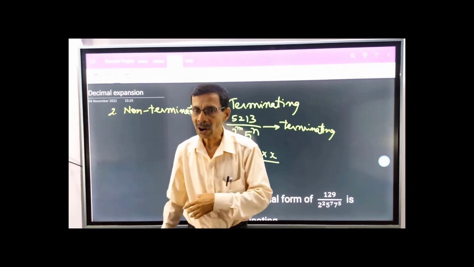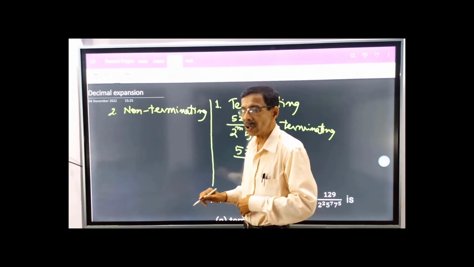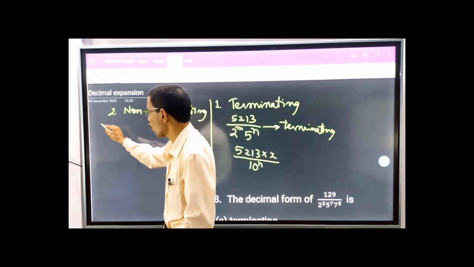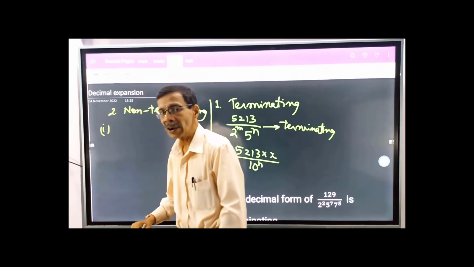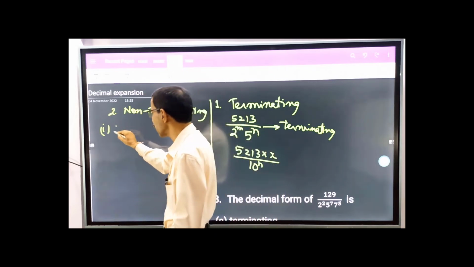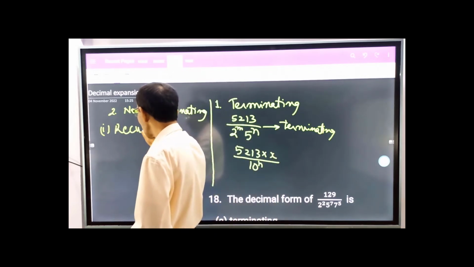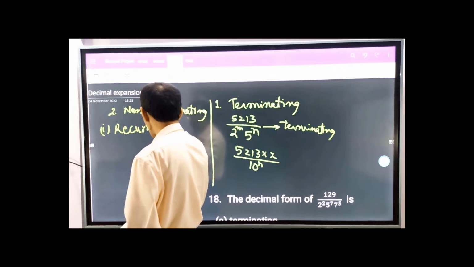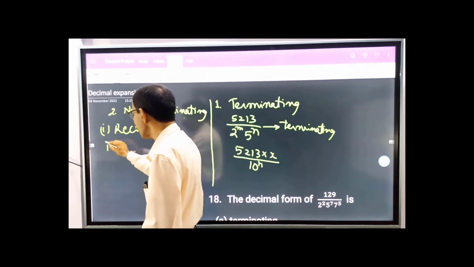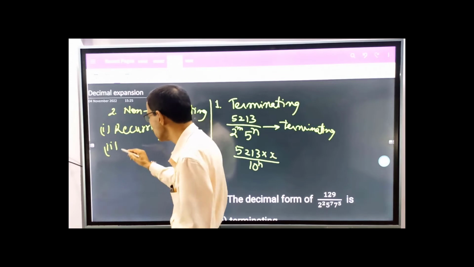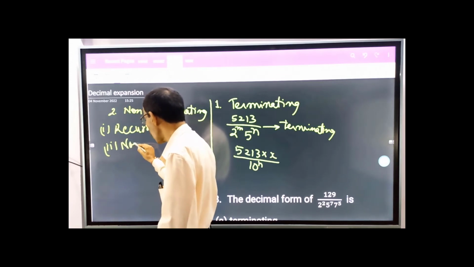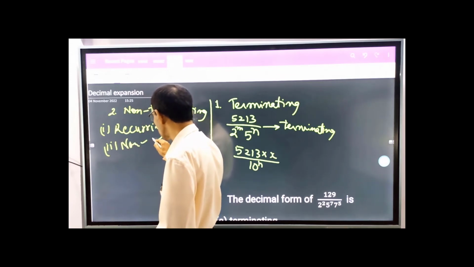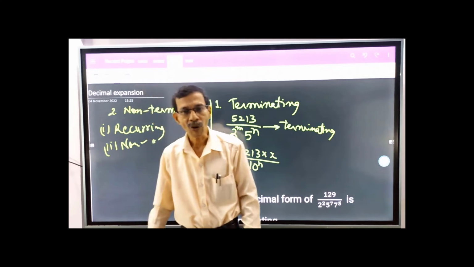What about non-terminating? In non-terminating, we have got two types. One is non-terminating but recurring. So these are recurring type, and the second types are also non-terminating but they are non-recurring.